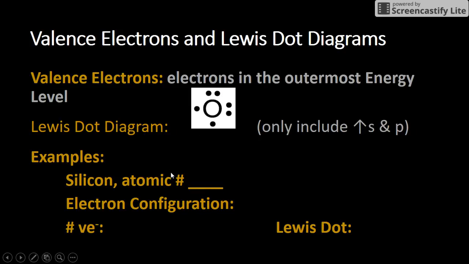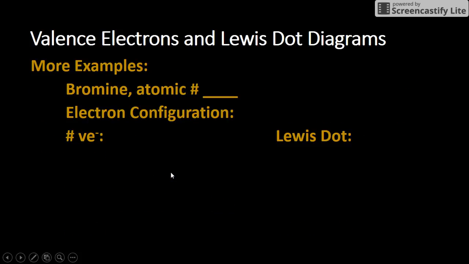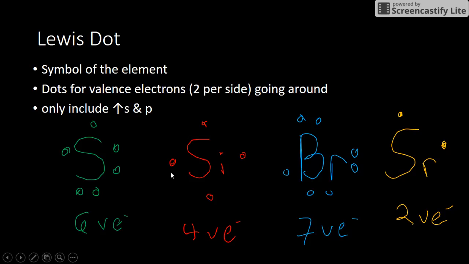Examples of silicon, bromine, and strontium come here. Sulfur has 6 valence electrons, so you go 1, 2, 3, 4, then you start doubling. Oops, I went a different way, didn't I? I went 1, 2, 3, 4, 5, 6, I guess.